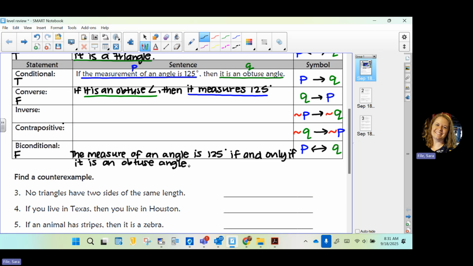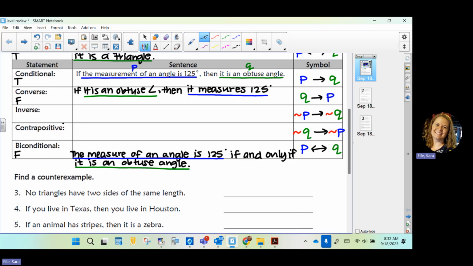I know that sounds like a true statement because you're like, yeah, if it's 125 degrees, if and only if it's an obtuse angle. It doesn't work that way. The if and only if part of that tells us it has to be able to go backward as well, which this doesn't. So that's our P, and there's our Q. So I know that that biconditional is false.